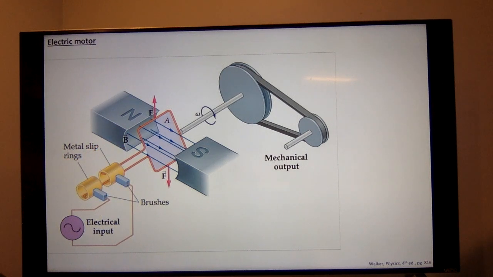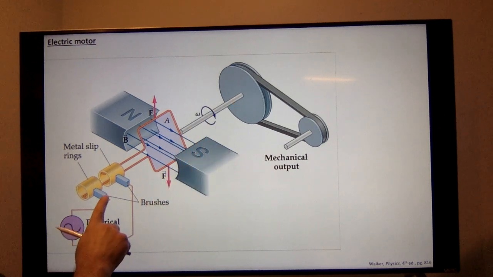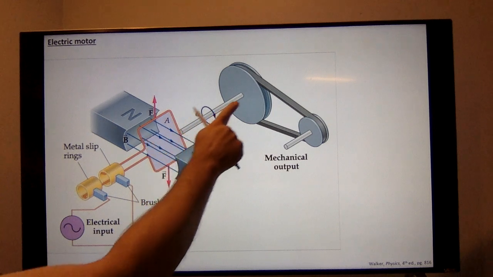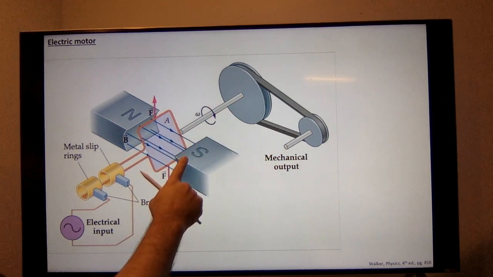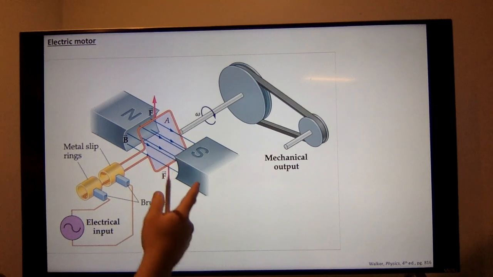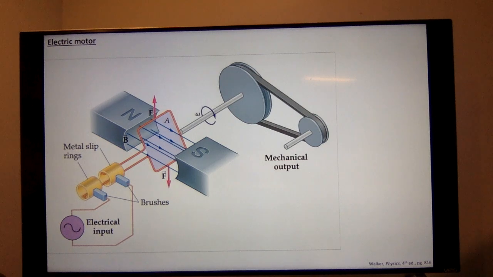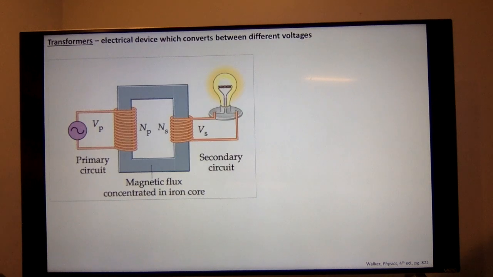Well, this is just the reverse effect, and I'm going to get mechanical work. I can put in alternating electrical energy, and I'm going to get out mechanical energy by making something turn. This is essentially the motor for an electric car, if you want to think about it that way. It's an electric motor in general, but this is essentially how an electric car works. Take energy from the batteries and use it to turn the wheels, right?